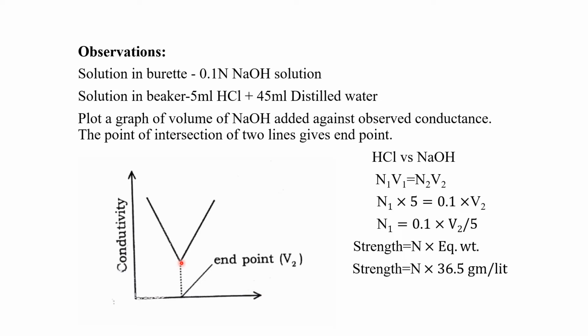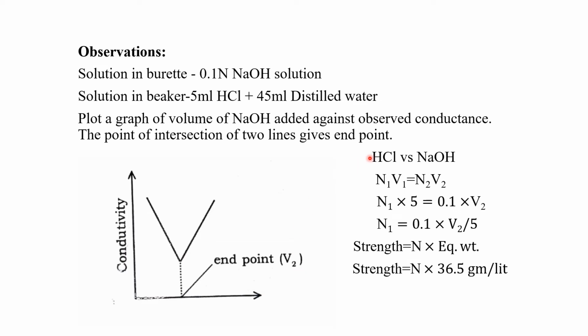After neutralization point, the conductance increases sharply due to the fast moving OH minus ions added into the solution. Thus, the intersection of these two lines gives the end point, and we get here the volume of NaOH at this point, the end point volume, that is V2.